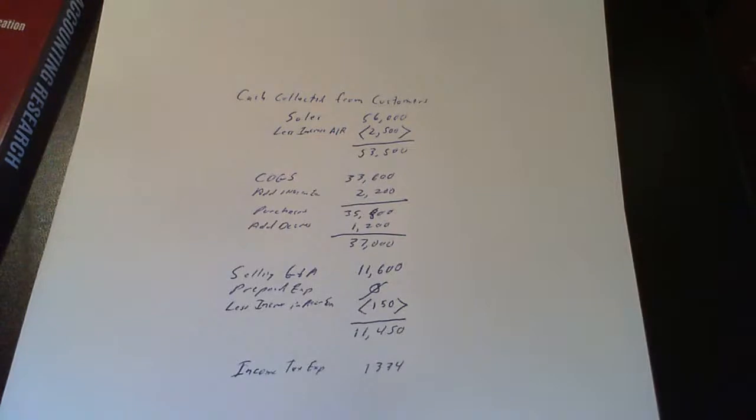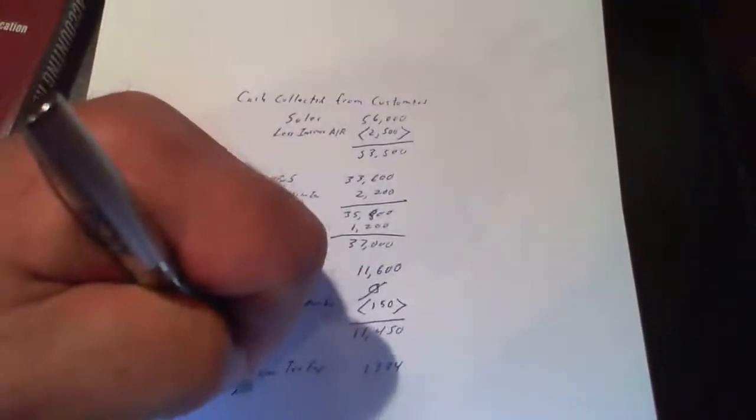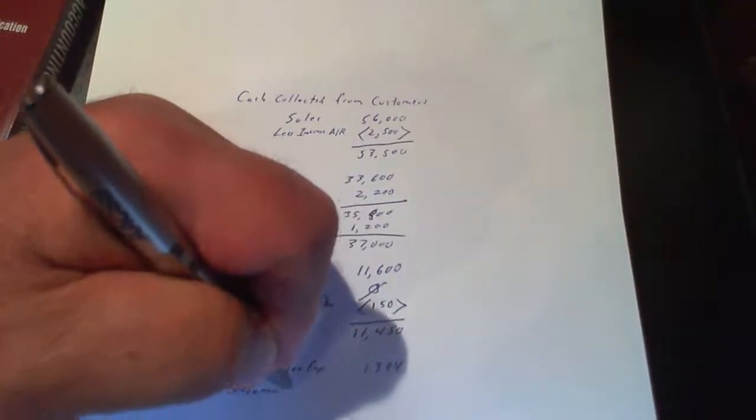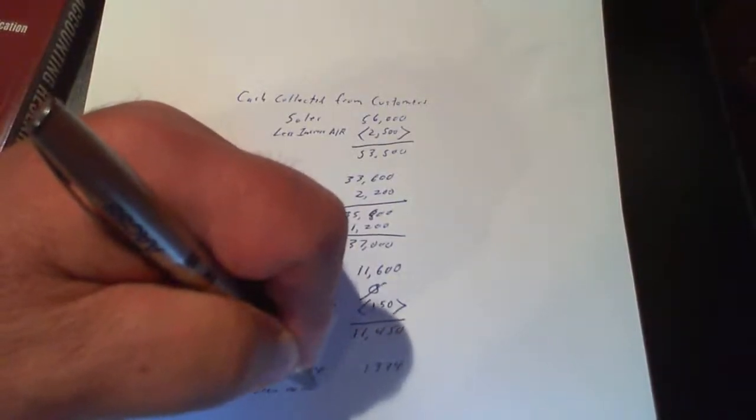We're now at 1,500. So that means we paid an additional 950. So that's a decrease in taxes payable, 950.